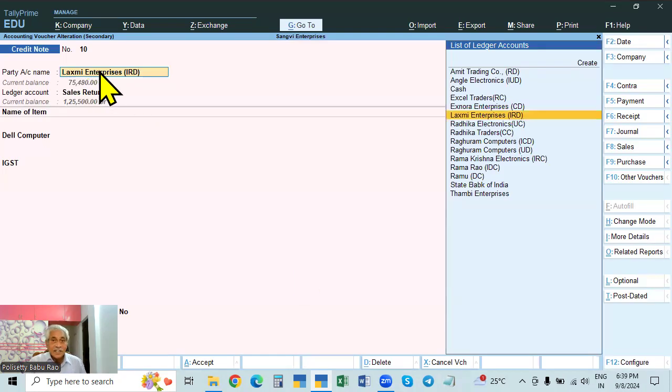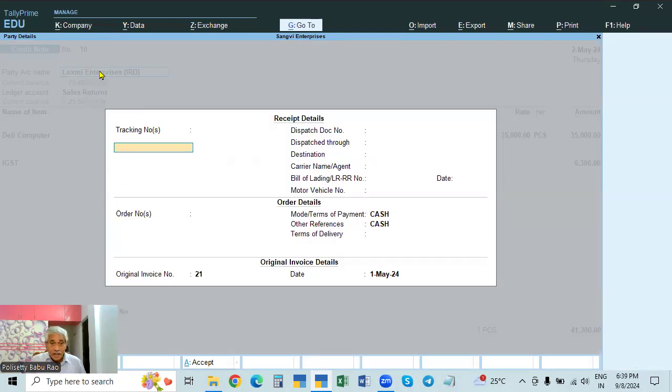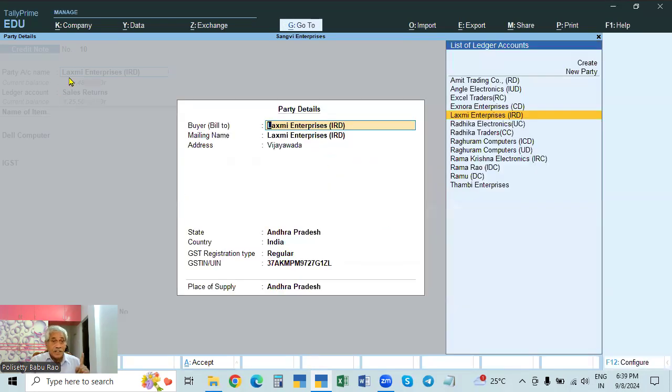In such a case, after making entries here and accepting, automatically it will come. Previously, if you entered cash, cash would come. Then we will change the name. But here, that's my advice: directly we are entering the party account because we are not paying cash immediately. That's why directly it will come here.